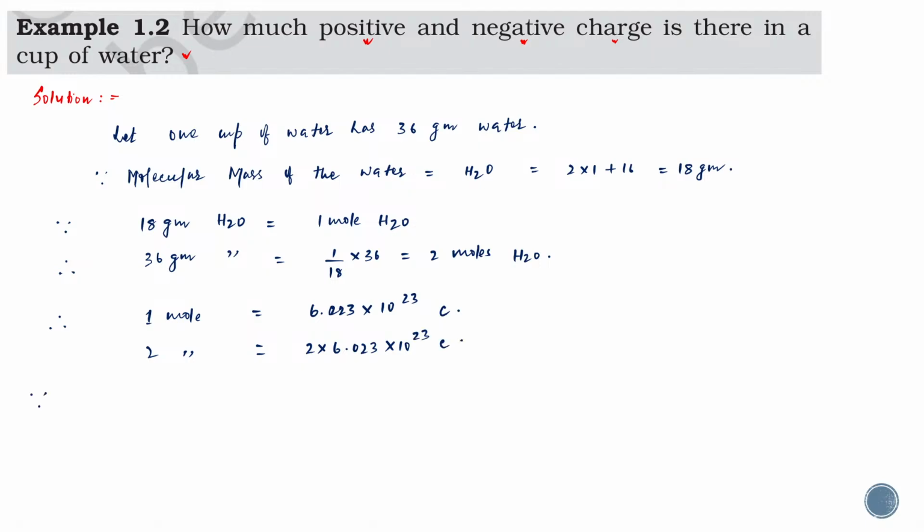So an H2O molecule has 10 electrons and 10 protons.